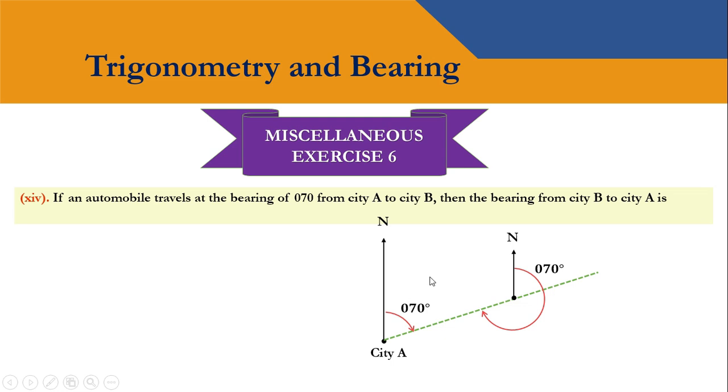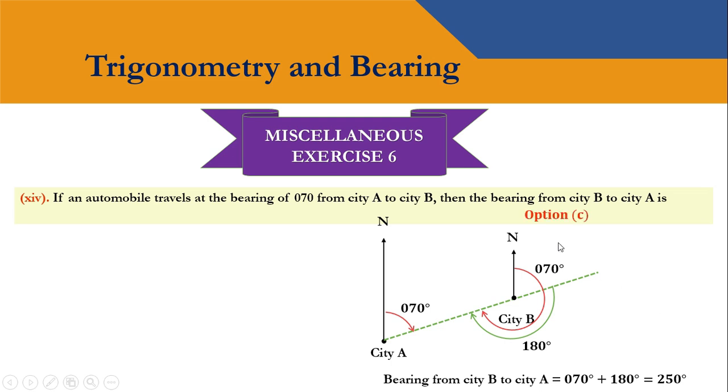So if this is 70 degrees, then this angle is also 70 degrees, and as you know, the remaining angle is on a straight line, so this angle is equal to 180 degrees. So the bearing of city A from city B is equal to 70 degrees plus 180 degrees, which is equal to 250 degrees. So this is our final answer, which is option C.